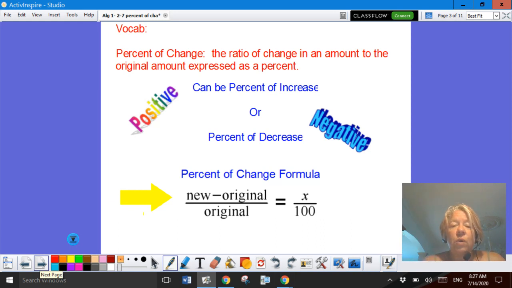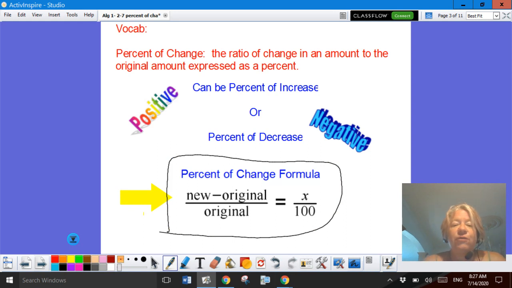So I want you to take a minute and jot down this formula, because this formula is super important, because it actually puts our percent of change into a proportion, which we know proportions are pretty easy to solve. It's just a basic equation. As soon as we can figure out whether it is an increase or a decrease, we know what we're looking for, okay?